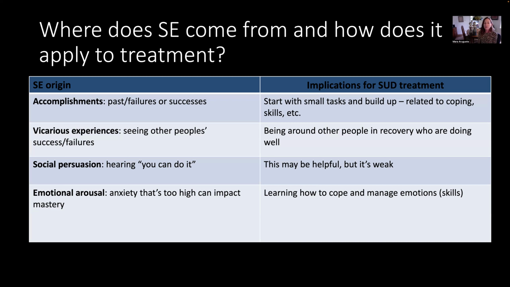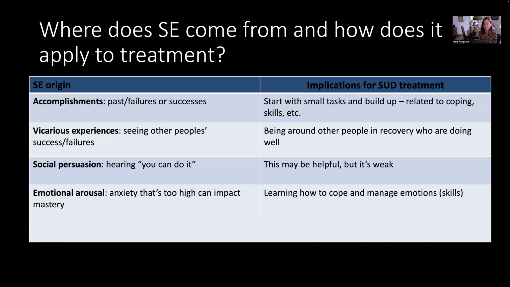So for one, accomplishments: we don't want to start with "okay, you're going to quit and never use again, and you're going to lose weight, and get off cigarettes, and get A's in school." All of that's just too much. You want to start with small tasks that you can actually do, and that is going to be related to your ability to cope, the skills that you build. We build up from small tasks.